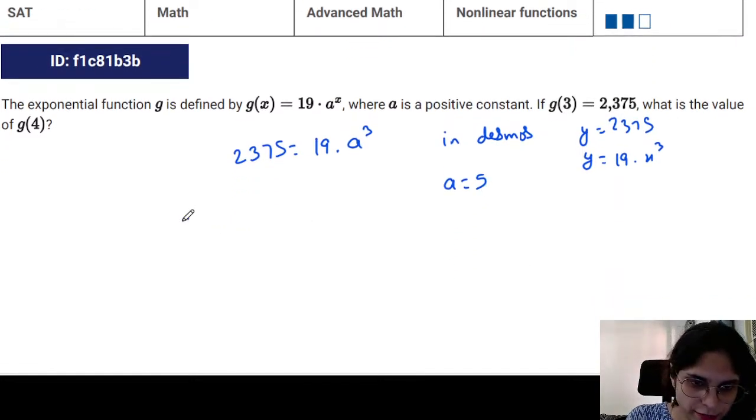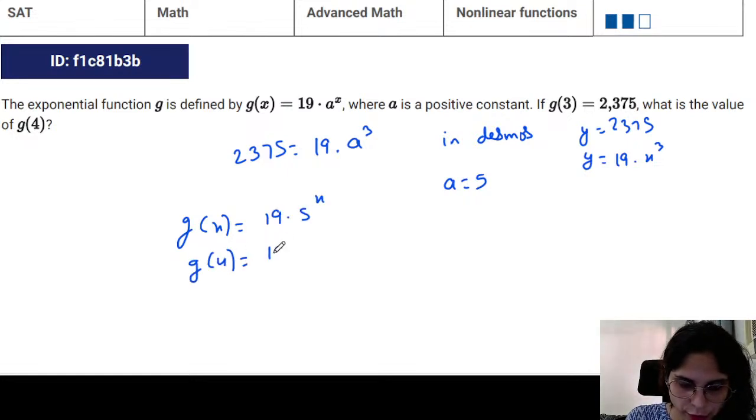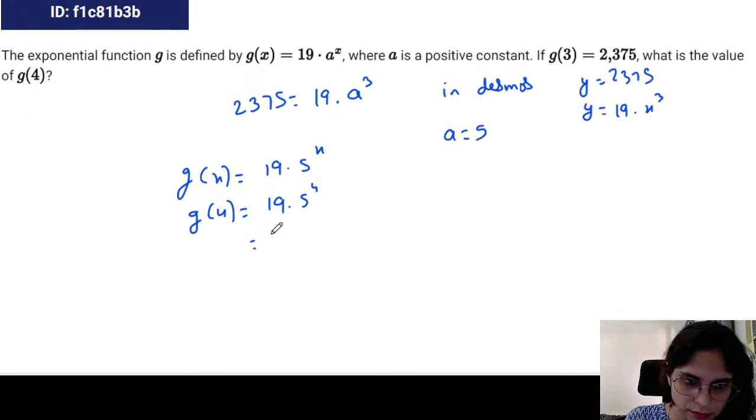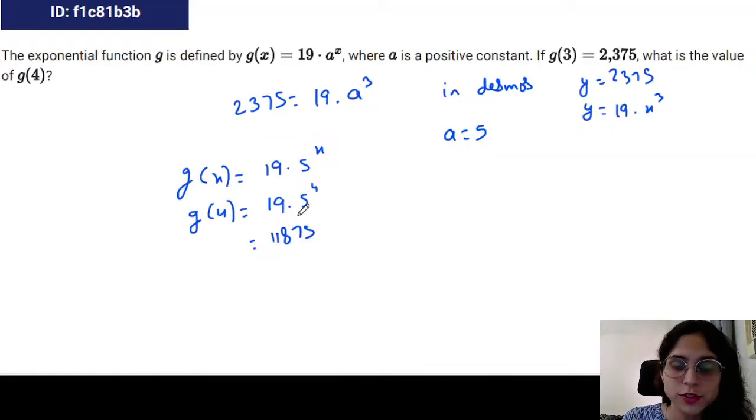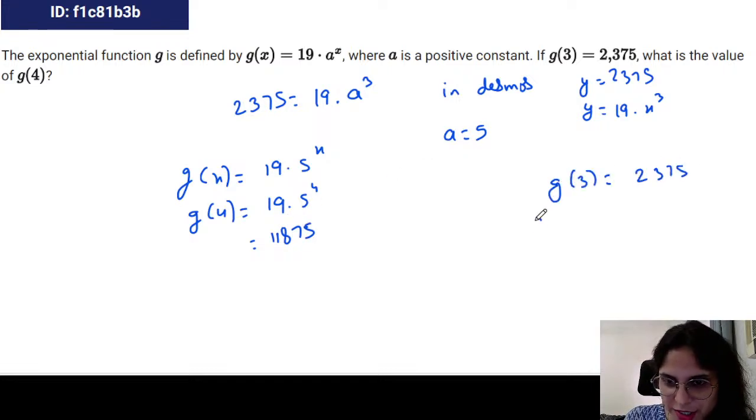Because a is equal to 5, g of x is going to be 19 times 5 to the power x. So g of 4 is going to be 19 times 5 to the power 4. Also, how I would solve this question, I got a is equal to 5, g of 3 is 2375, so g of 4 is going to be 2375 times 5, because every time you are multiplying with 5, right?